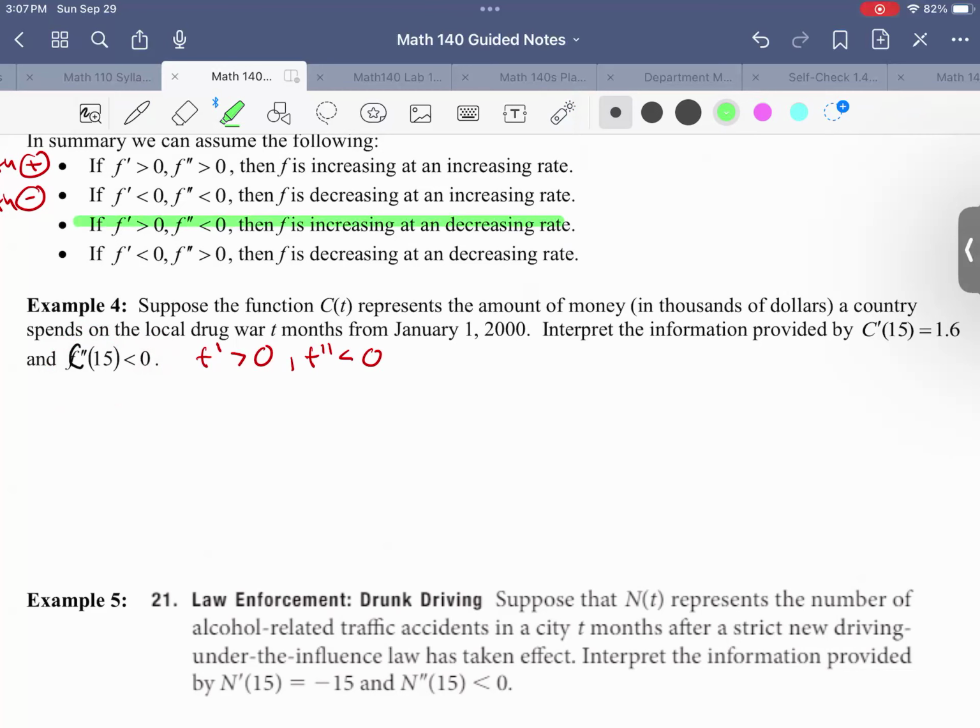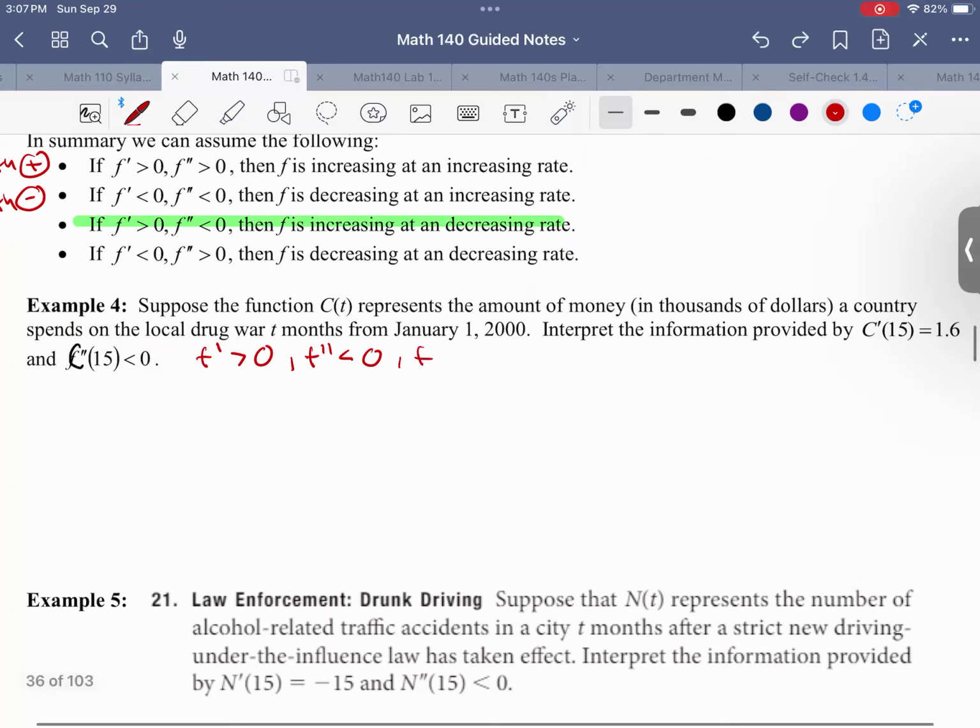That means f is increasing at a decreasing rate.